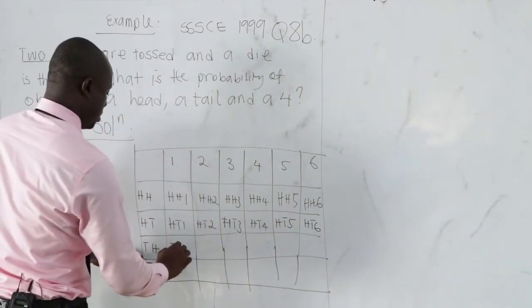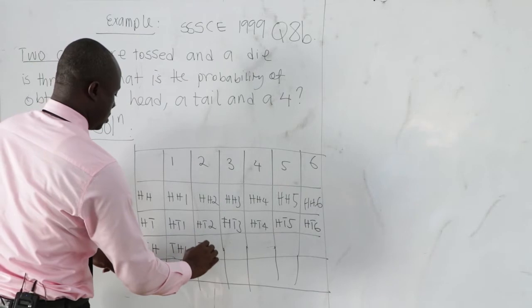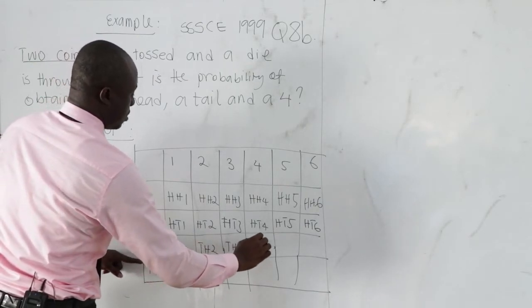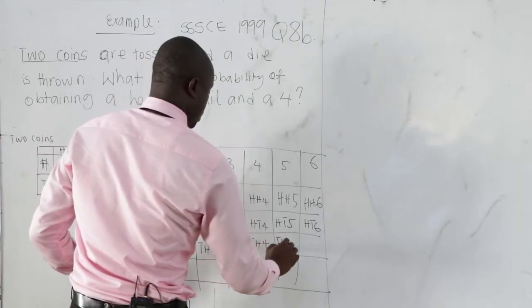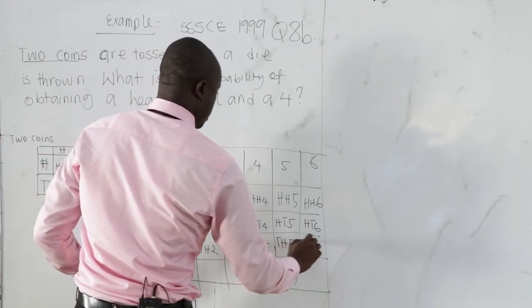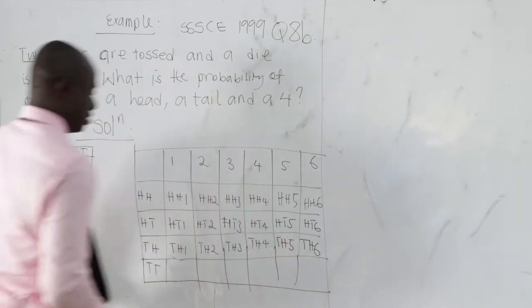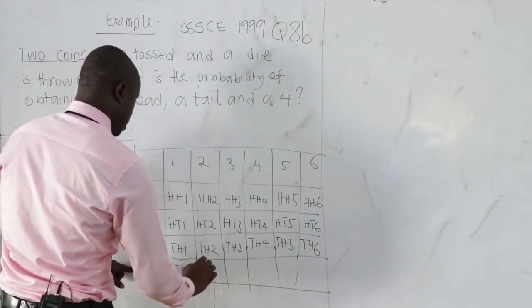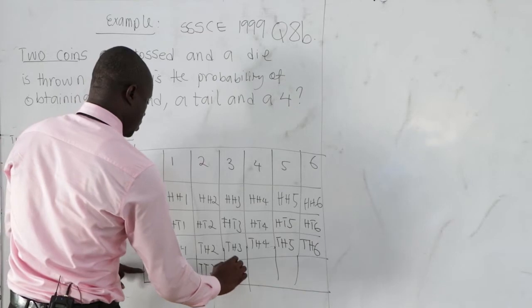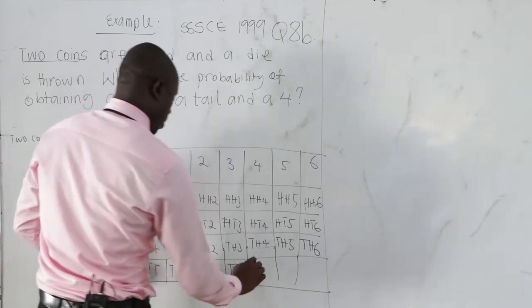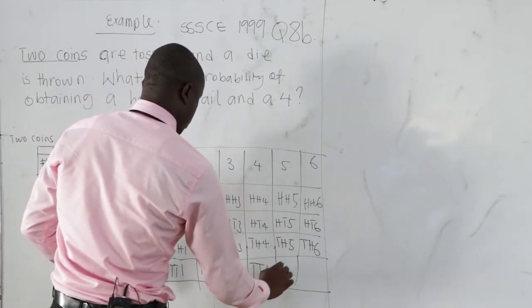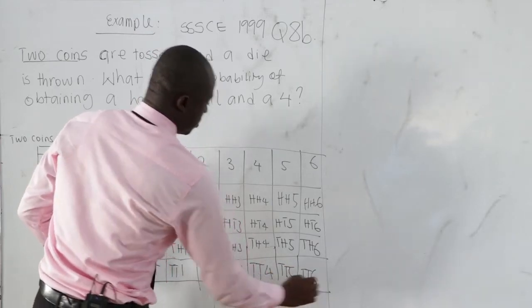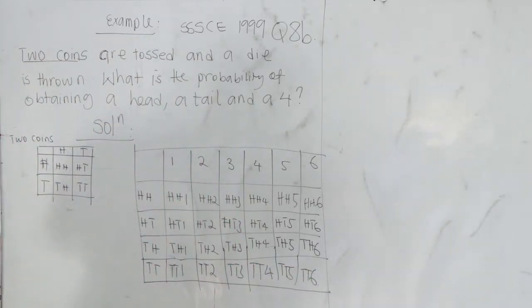Now we have TH1, TH2, TH3, TH4, TH5, TH6. Now we have TT1, TT2, TT3, TT4, TT5, TT6. So this is the set of the sample space.